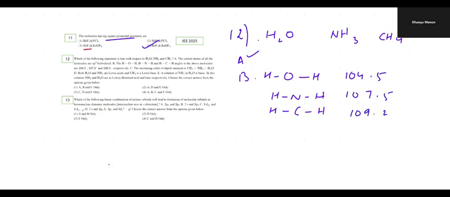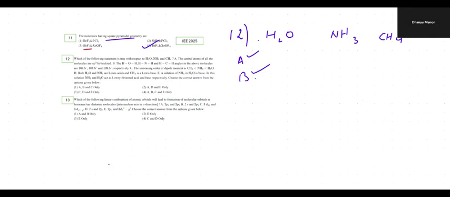In some books they say 28. So this statement is also correct. We learned why there are changes in the angle. All of them have sp3, but different angles because of lone pair, bond pair repulsion, etc.